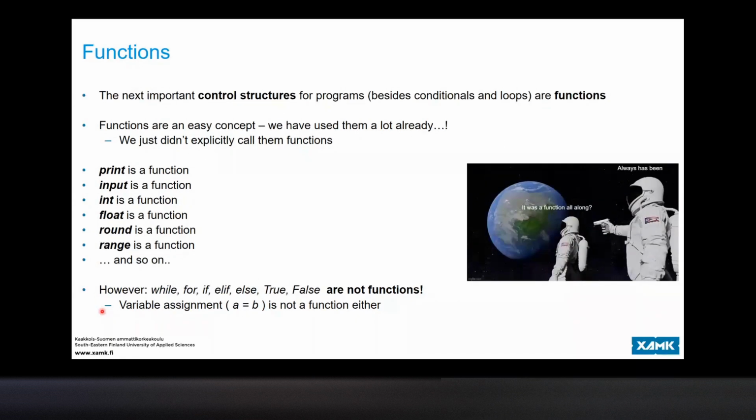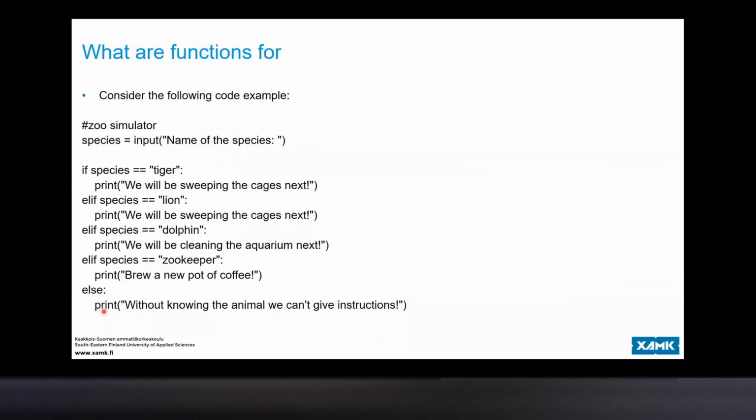To demonstrate how functions really work, I already said that, for example, print is a function and input is a function. So what's the big deal? We have already been using them. Well, when we talk about functions here, we're talking about constructing functions of our own, so writing our own functions.